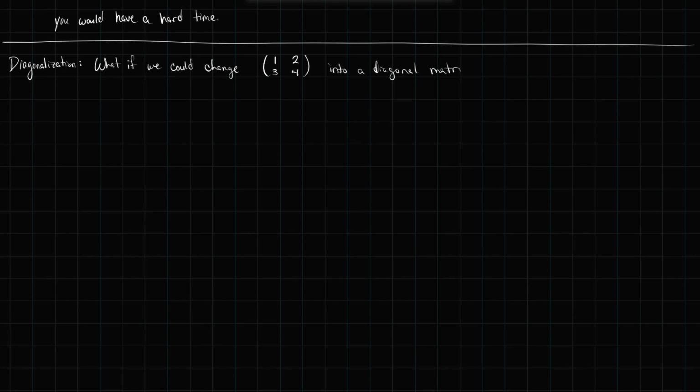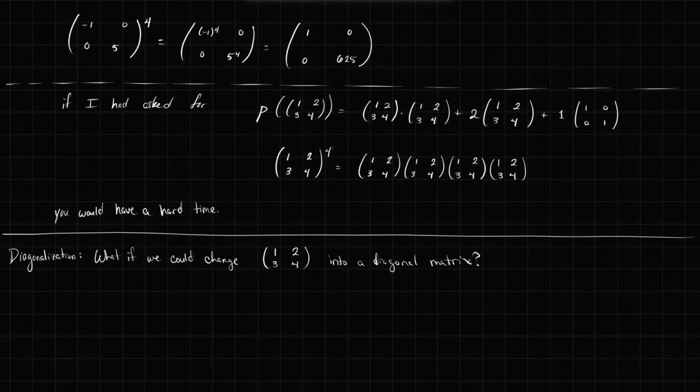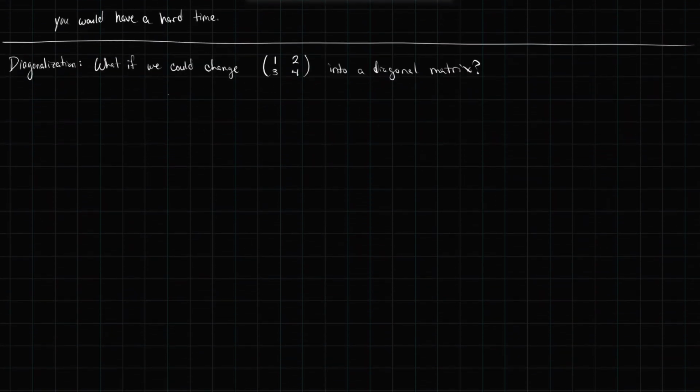Because if we could, then all we have to do to take the powers is apply the powers to the diagonal. Now the answer is in a lot of cases we can. Not every case, but in a lot. In many cases, we can. The big question is how?